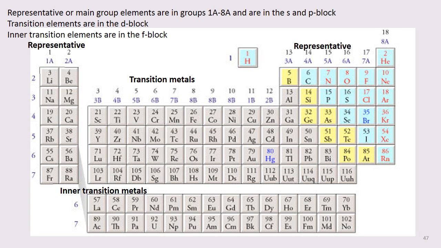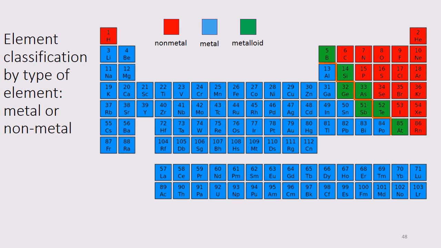And that brings us to the final characterization, or way to organize, and that is by metal or nonmetal. So this is a nice little periodic table. All the red elements are nonmetals.